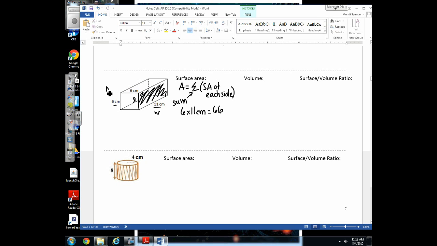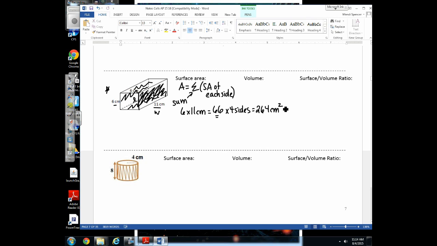Now, let's study this object real quick, and you can see that this side looks just like this side, which looks just like this side, and also the top. So there's 4 different sides that have the exact same surface area. So I'm going to take that number we found, times it by 4 sides, and that gives us 264 centimeters squared.